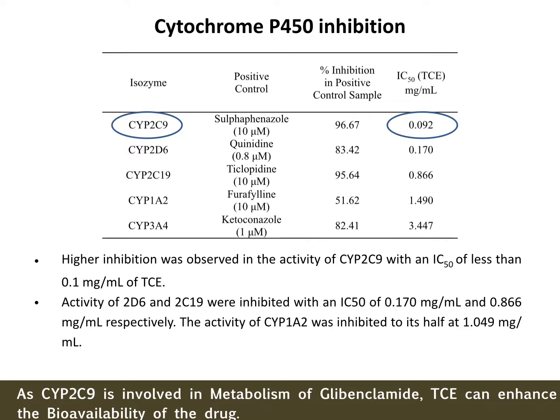Thus, the activities of 2D6 and 2C9 are strongly inhibited by Tinospora cordifolia. So this may have an effect on glibenclamide, because glibenclamide is a substrate of these particular enzymes.